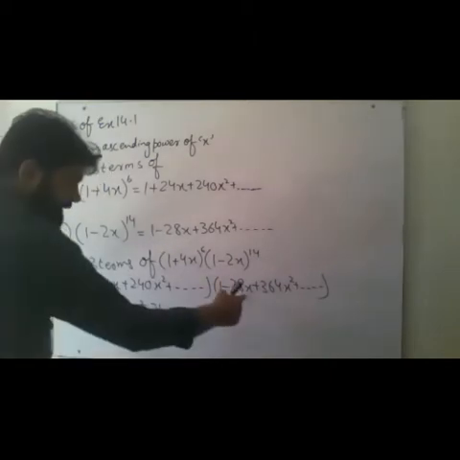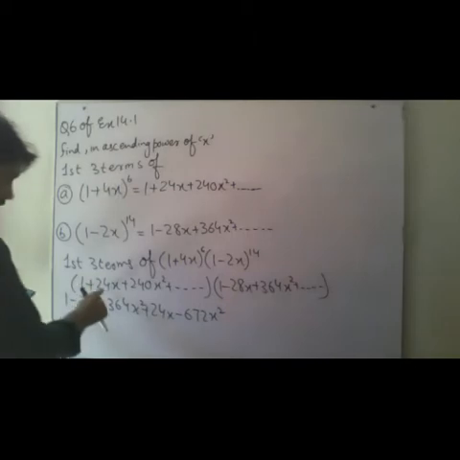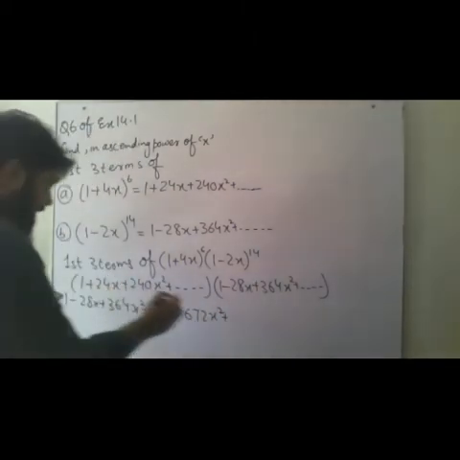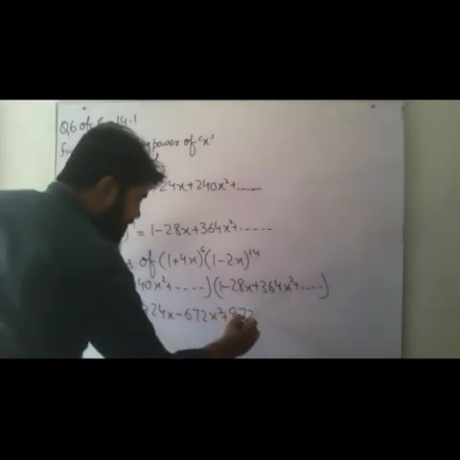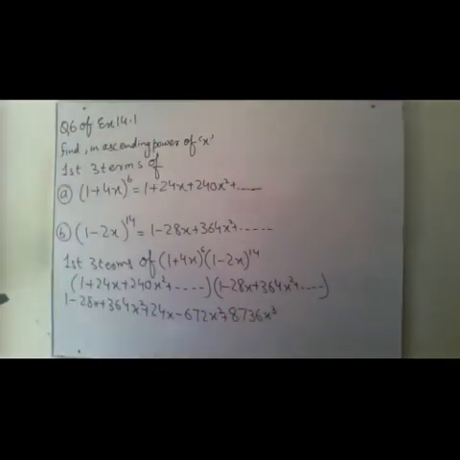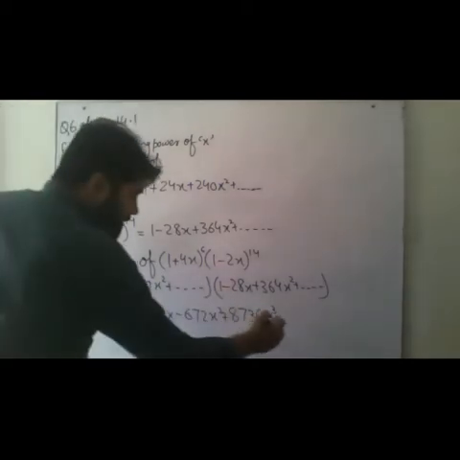Then 24x multiplied by 364x square, I am having 8736x cube.